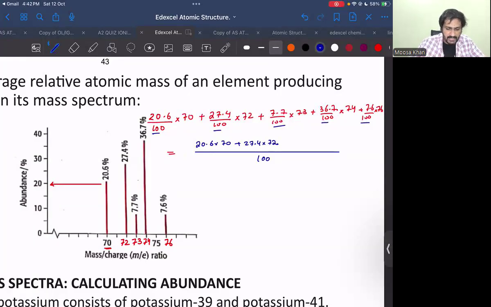In the numerator, you keep multiplying their percentages by their masses, and in the denominator you just divide by 100. Sorry, why am I keep saying 1000? It is 100. For all the values you could have just written 100. So that becomes easier to solve, because you could have done this directly in your calculators.